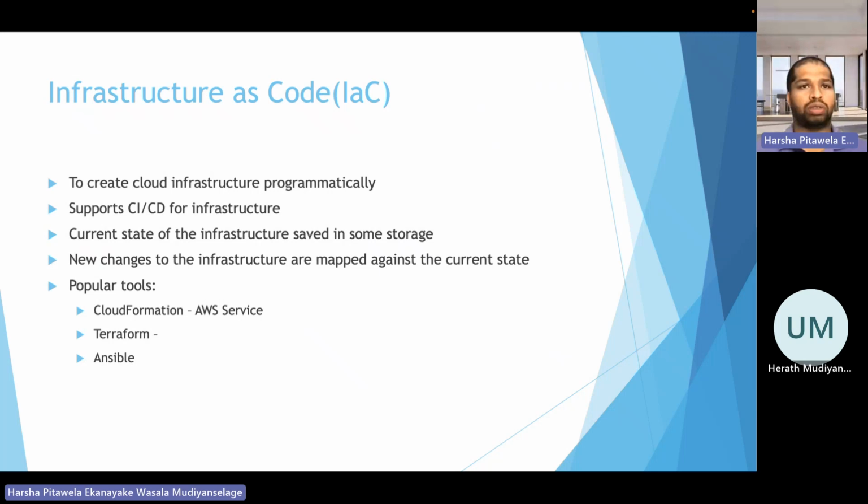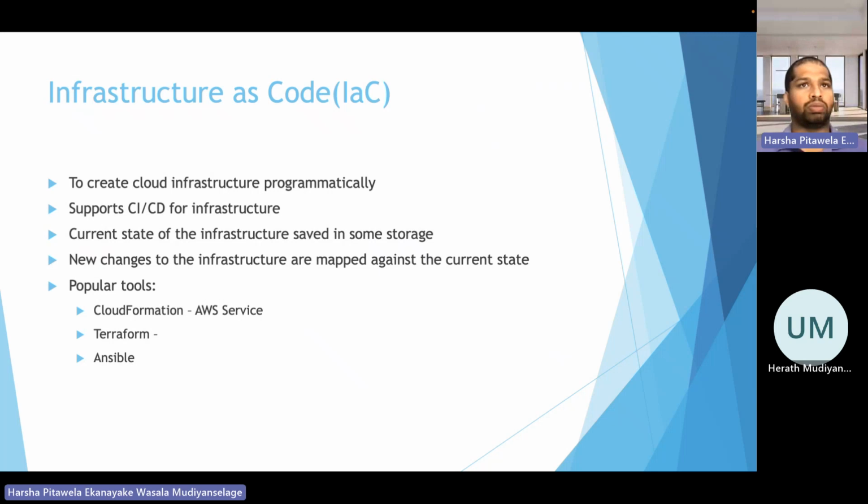People use Git or Bitbucket, all those version control systems, to get the history of your code base and to mark certain milestones using tags. Similarly, to structure and version your infrastructure, to update it and track the changes, we can use this infrastructure as code tool.